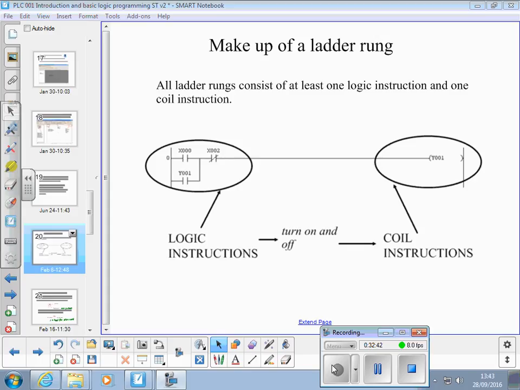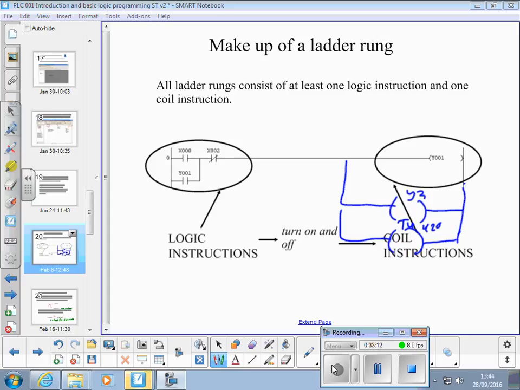What we can do is turn multiple things on, so we can add to that Y3 and T4, K20, all turned on with the same logic. What we mustn't do is have Y1 or Y6 or Y7 or any coil more than once in the same program, and more about that in a little while.